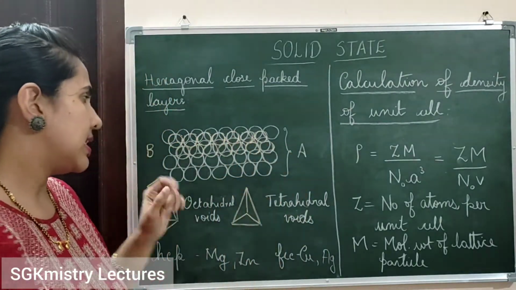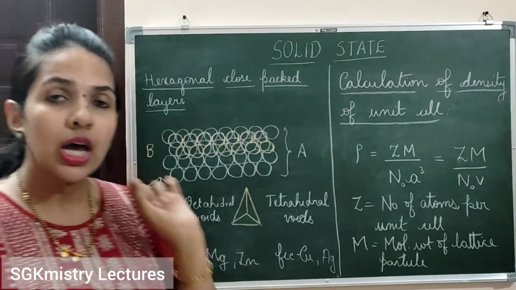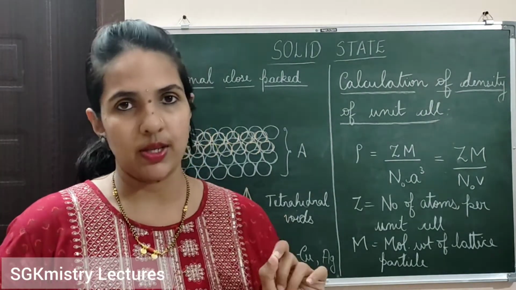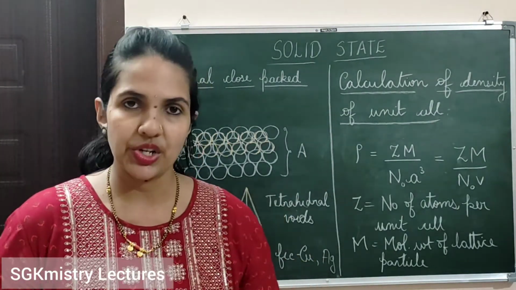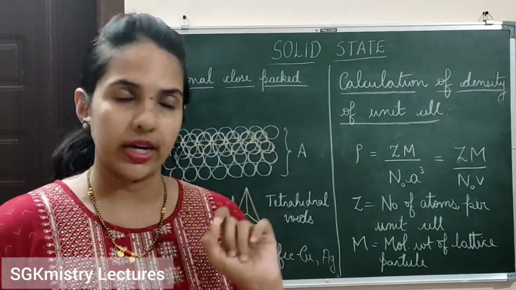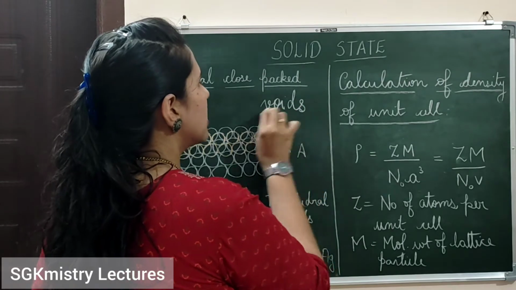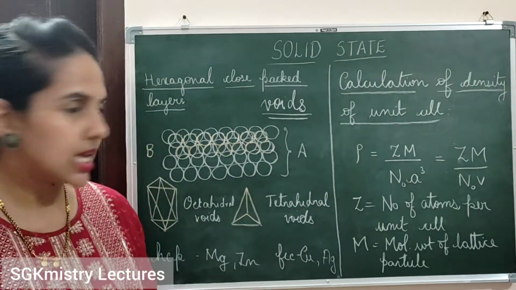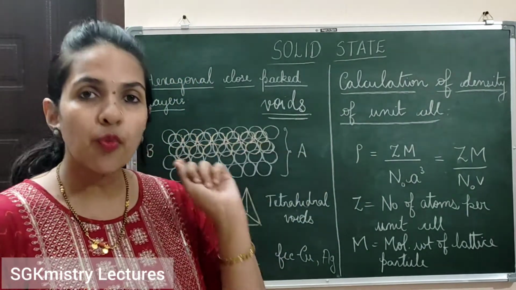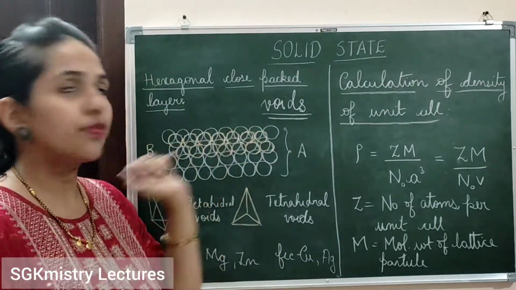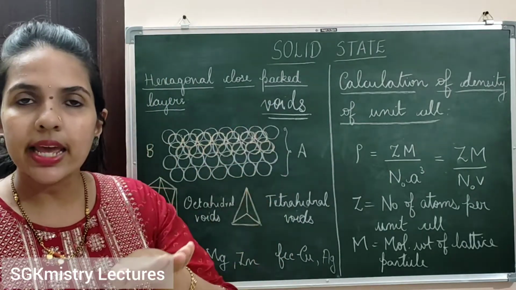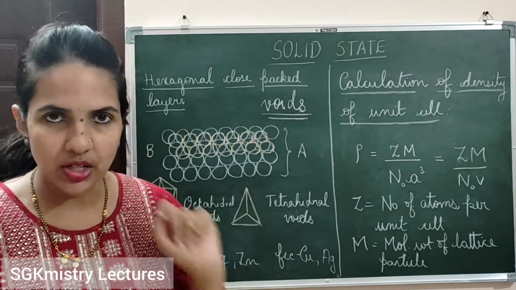So now you can see there are two types of gaps. In solid state chemistry, these gaps are called voids. So gaps are referred to as voids. You can see here there are different types of voids that are formed because of the arrangement of the upper layer over the two-dimensional structure.